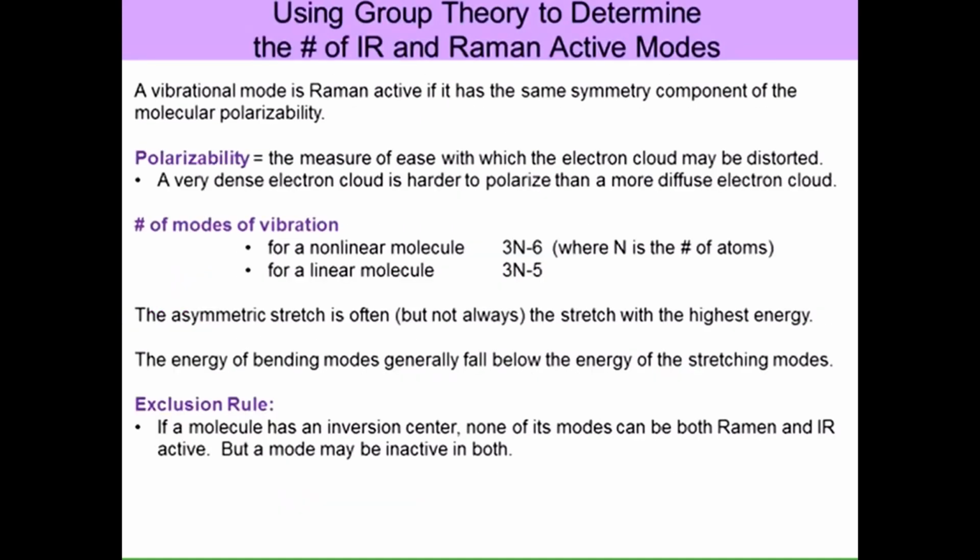Before starting the IR and Raman active modes, we should know what is IR active and what is Raman active. If the molecule has a change in dipole moment, then it will be IR active. However, if the molecule has a change in polarizability, then it is called Raman active.